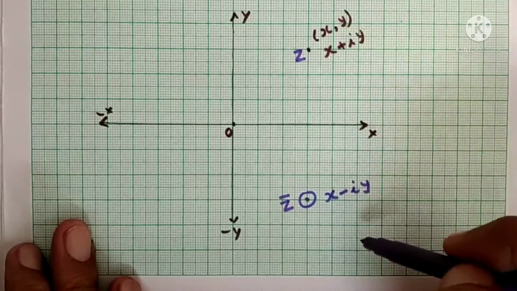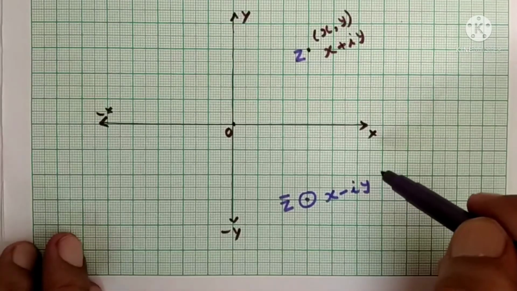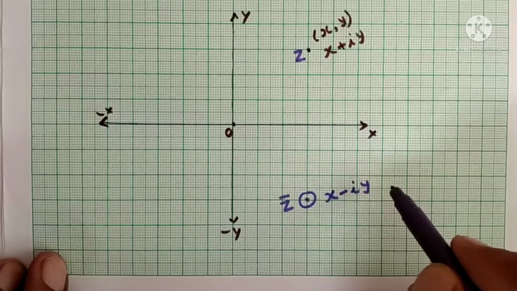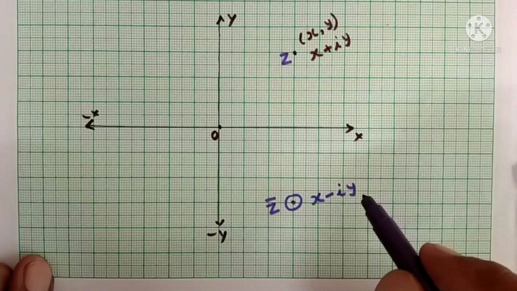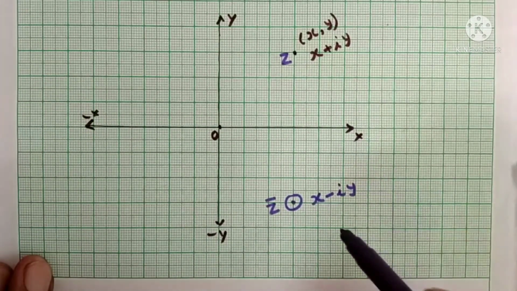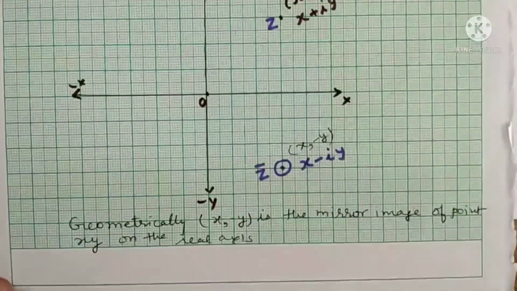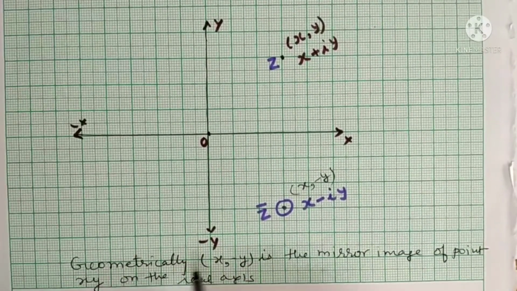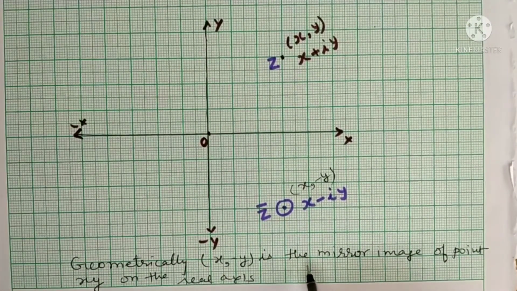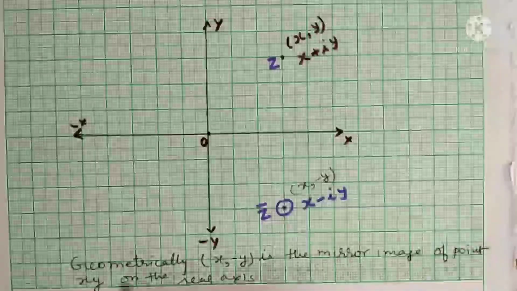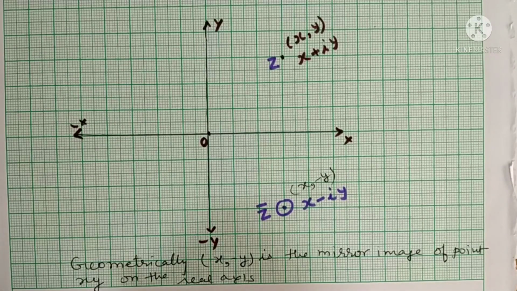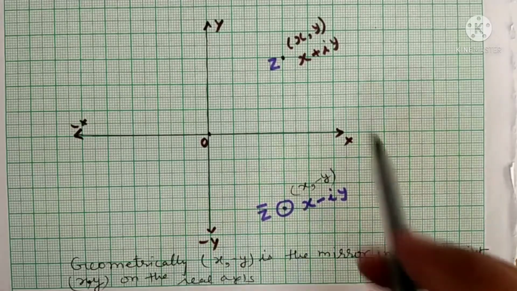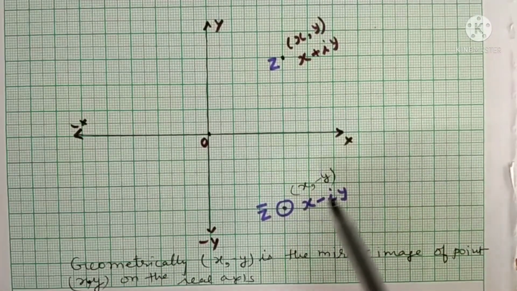We can say this is the image in the x-axis, and this is the conjugate also. So this point we can write as (x, −y), and geometrically (x, −y) is the mirror image of the point (x, y) on the real axis. A point (x, y) is given and we have to check this mirror image.